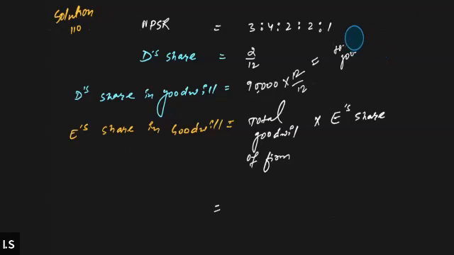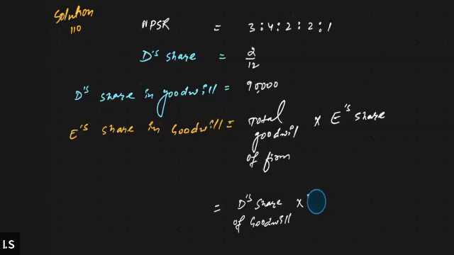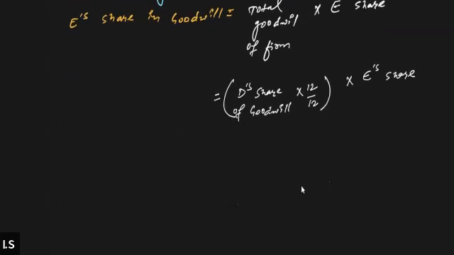Yes, sir. Okay. So therefore, to find out the total goodwill of the firm, we will just multiply D's share of goodwill into 12 upon 2, the reciprocal of D's share in the firm.